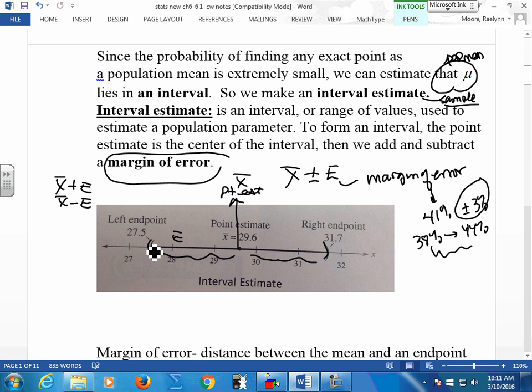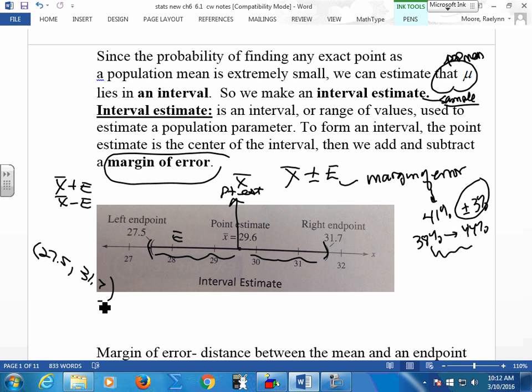One of the ways we write it is just like that, 27.5 to 31.7. There's your interval. We can be confident to a certain extent that your population mean will fall between these two numbers. This is the most important part of your interpretation, guys. We know this is your sample.